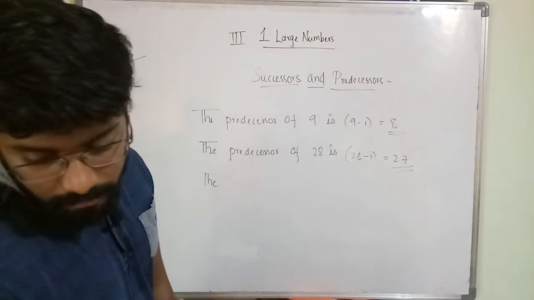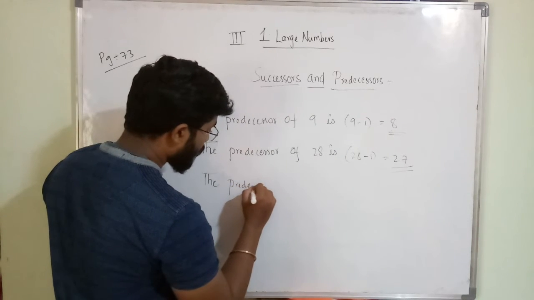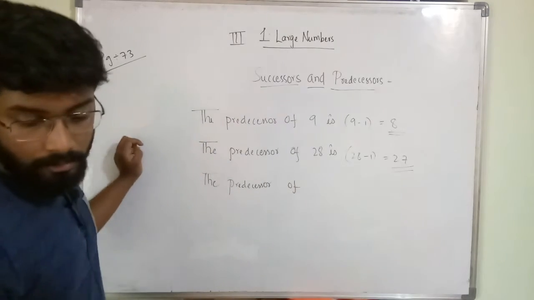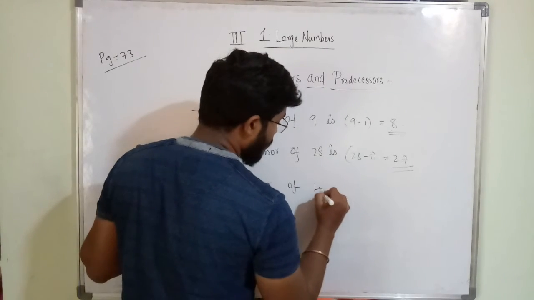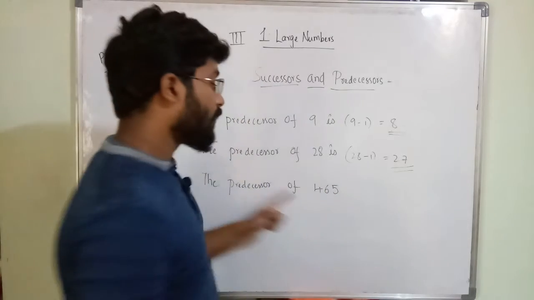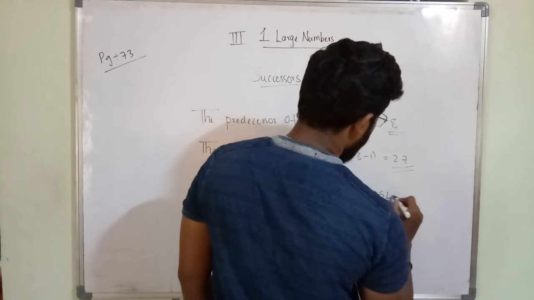Next one, predecessor of 465 is what? Before this, what will you get? Equal to 464 only, no?